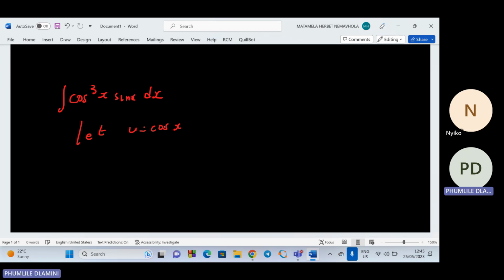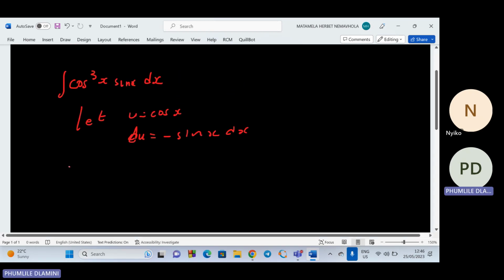If we let our u equal to cos x, then when we differentiate, our du is going to be negative sine of x dx. When we work it out here, we can substitute where there is cos x as u, so we say u cubic.